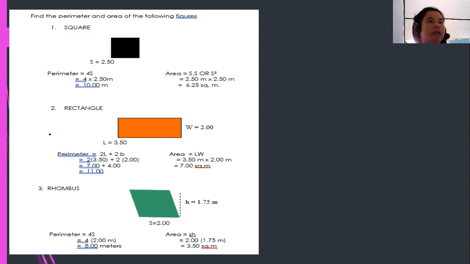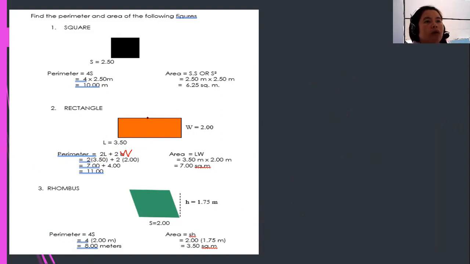Okay, next, for the rectangle. For the rectangle, area is length times width. Perimeter is equivalent to 2 length plus 2 width.